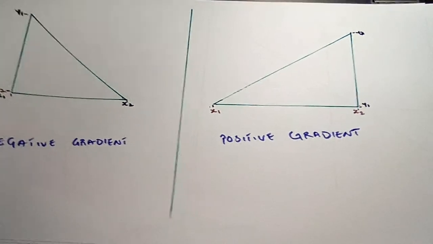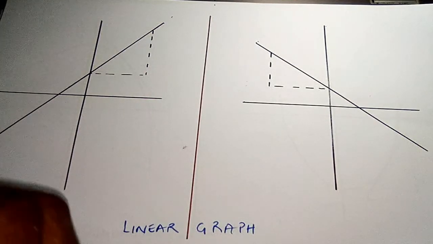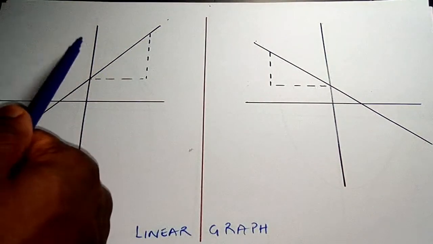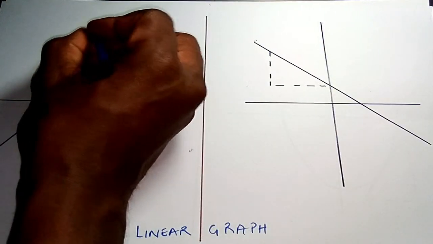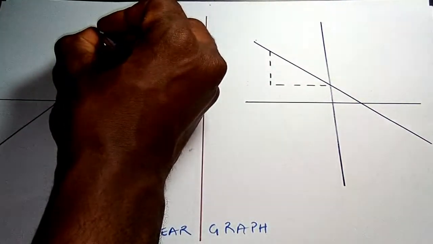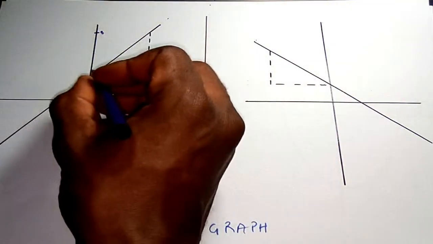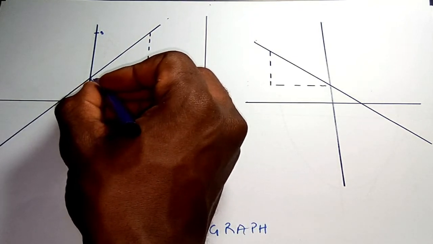So what you need to do when you're looking for gradient is trace the points. After drawing the triangle, you have to trace the points to get to y1. So let's say this is the linear graph. Let's say the point here is 5, and the point here is 3.